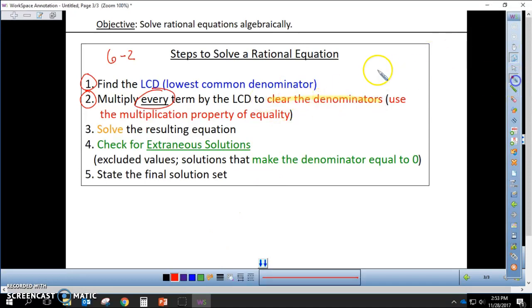This is why we multiply, to clear. Once you're done with that, you will solve the resulting equation, and then you have to go back and double check that your solutions are not extraneous, right? And finally, we'll state the final solution.